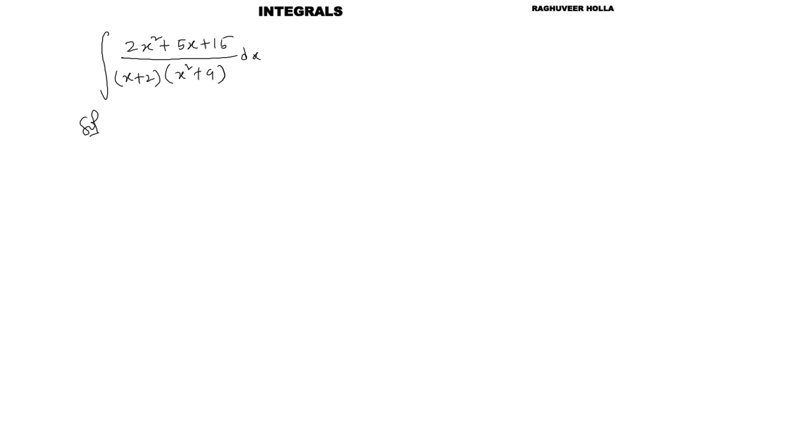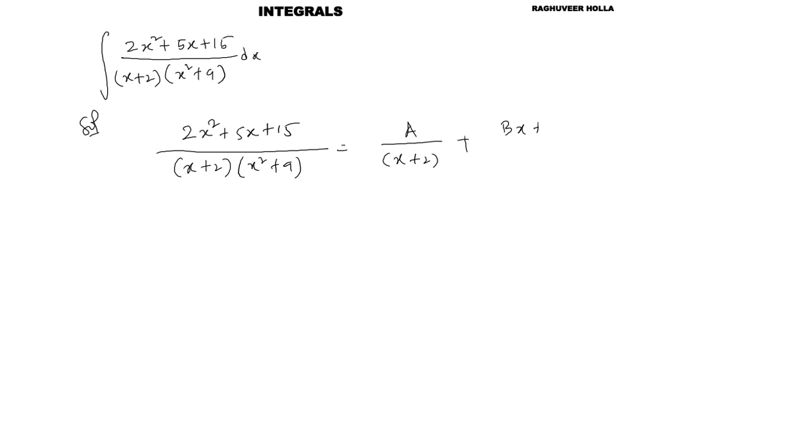Now by using partial fractions, let us consider (2x² + 5x + 15) divided by (x + 2)(x² + 9), which is equal to A by (x + 2) plus (Bx + C) divided by (x² + 9).